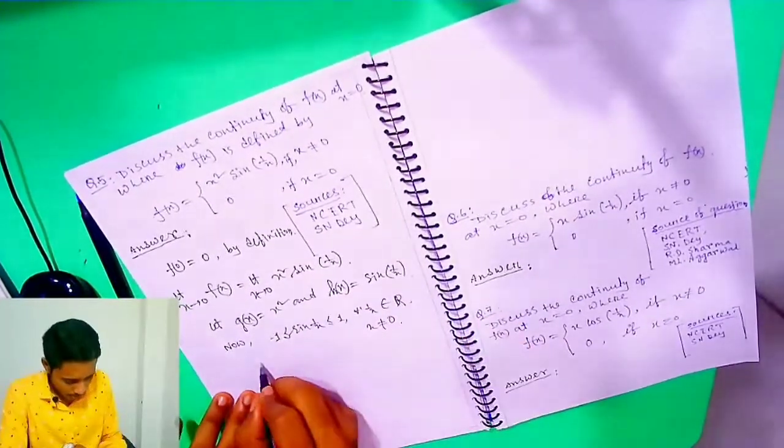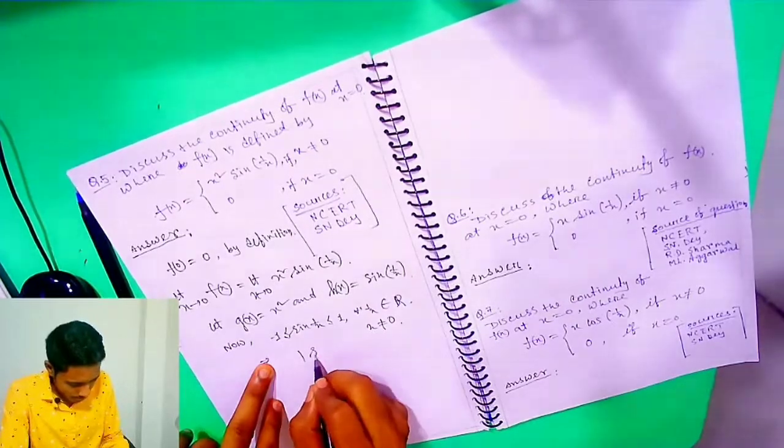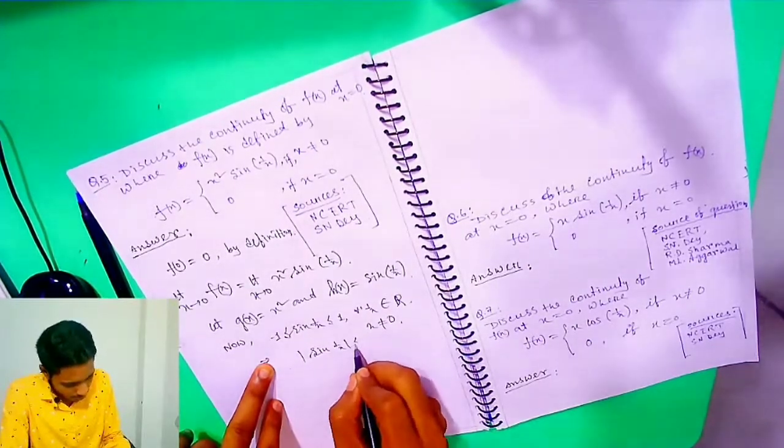This implies mod of sine 1 by x is less than or equal to 1.